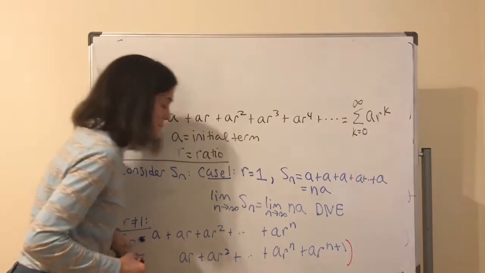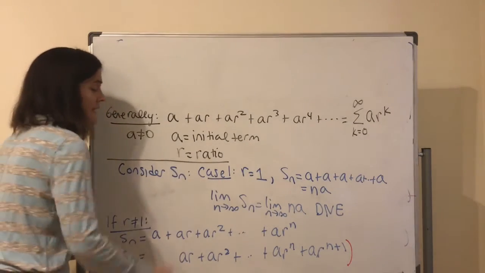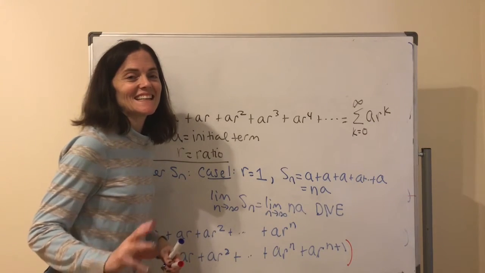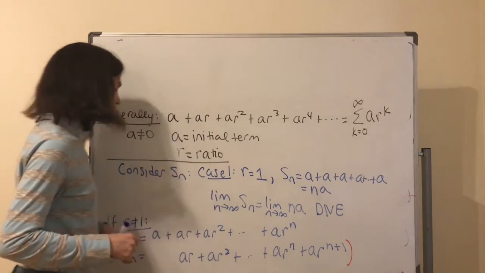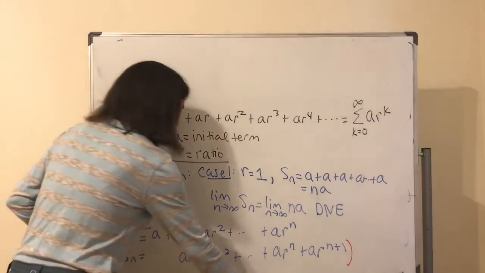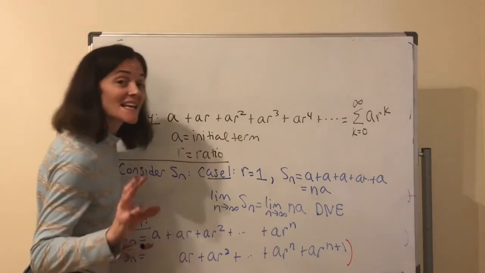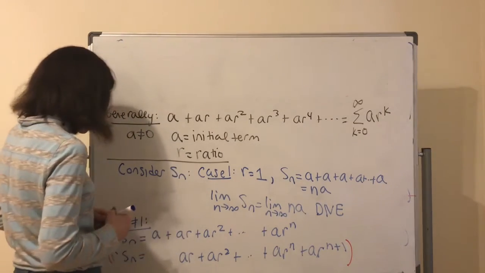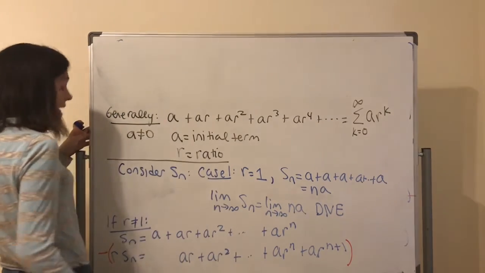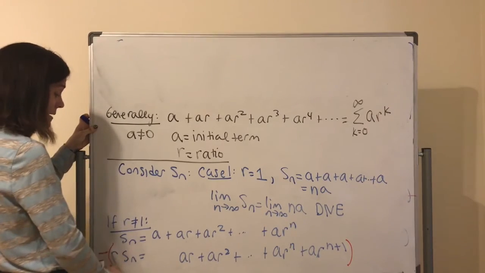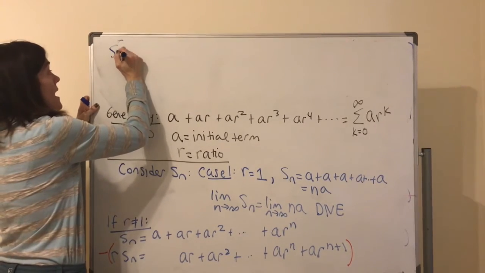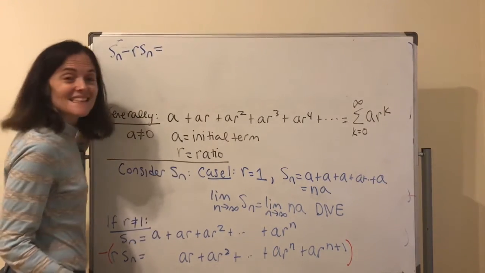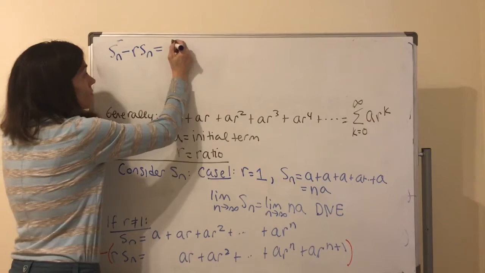I'm doing this because we're going to get a whole lot of cancellation, kind of like we saw in the telescoping series, except I don't get the cancellation within Sn itself, but it will allow me to solve for Sn. Okay, so on the left-hand side, I have Sn minus r Sn. On the right-hand side, well, I have a.